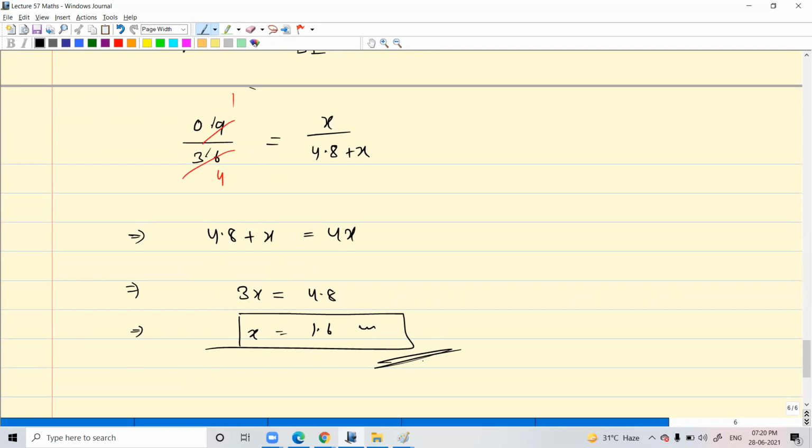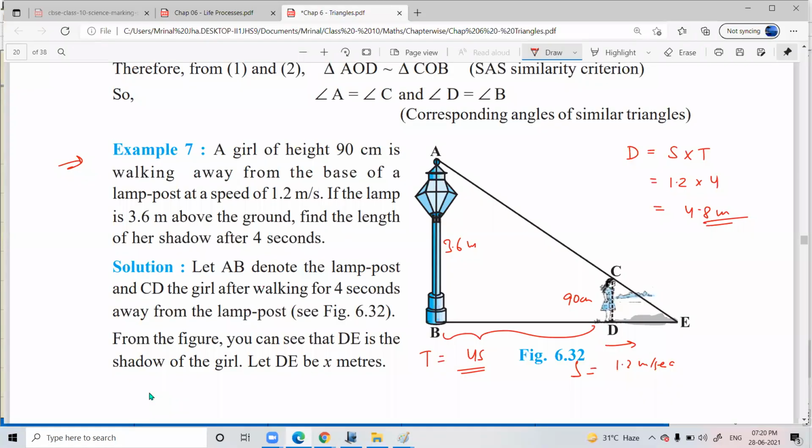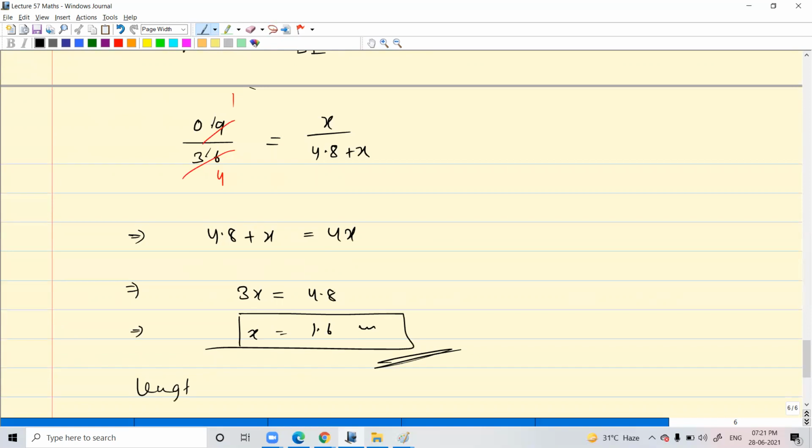That means the shadow, find the length of a shadow after 4 seconds. So length of the shadow.